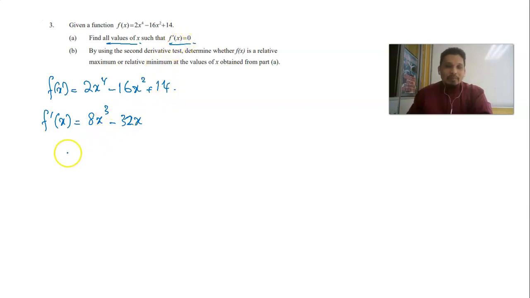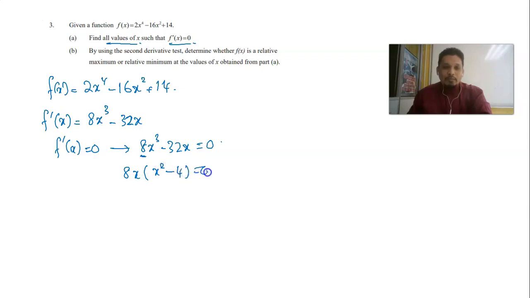So make f prime x equal to 0. So when f prime x equal to 0, it is 8x cubed minus 32x equal to 0. Factorize 8x, so here we get x squared minus 4.